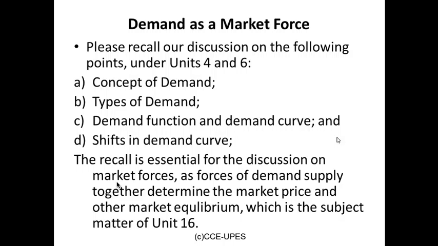Then we saw the types of demand. The types of demand included consumer goods and producer goods. Consumer goods per se are purchased for consumption by the households, and producer goods are the goods which are purchased by the producers, which form the intermediate output, ultimately to produce a new product.